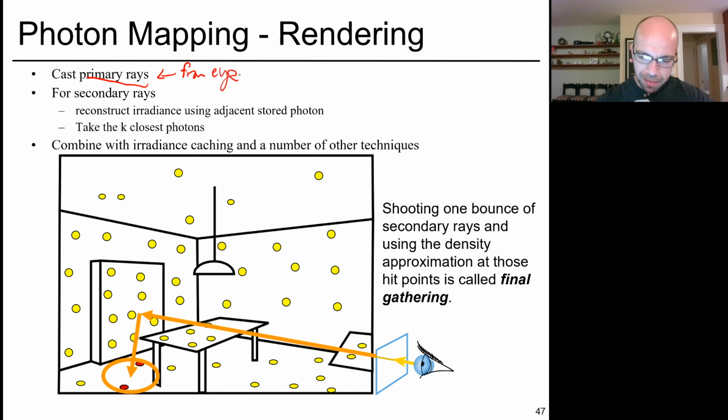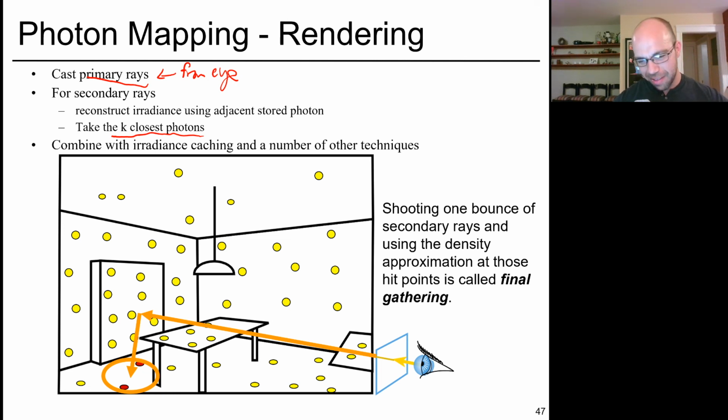And now, rather than our previous techniques, to get our secondary rays, we're not going to do a Monte-Carlo integral over the hemisphere, but rather we're going to choose them very strategically to just be nearby photons, because those are the places where we have information about our light source.